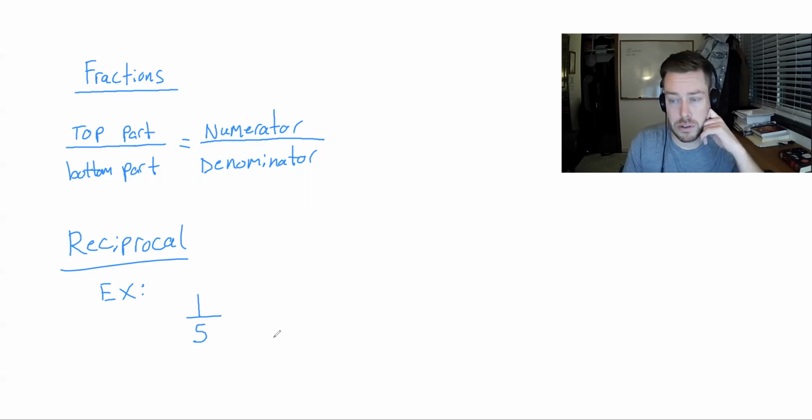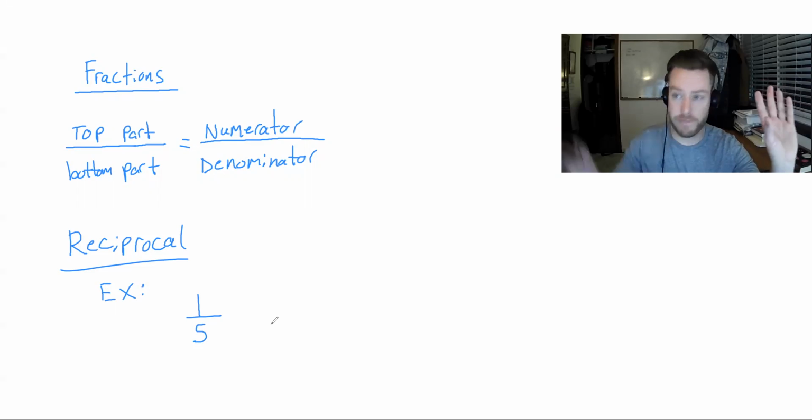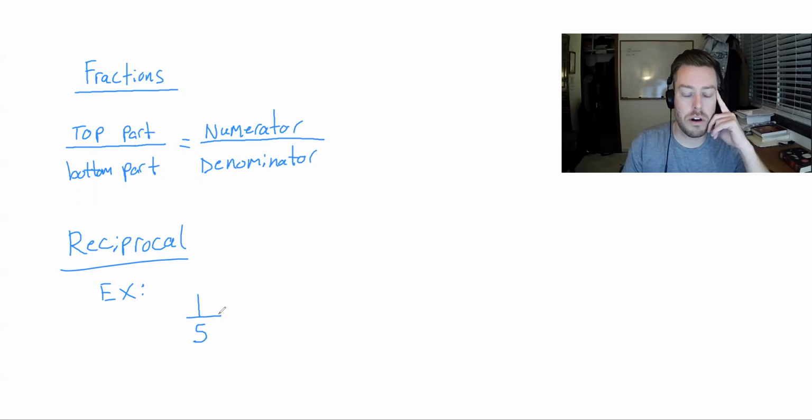Sometimes algebra problems will ask, what is the reciprocal of it? And all that means is, flip it. Whatever's on the top, bring it down to the bottom. Whatever's on the bottom, bring it to the top. So the reciprocal of 1/5 is equal to 5 over 1. And we know that any number divided by 1 is just itself, which is just 5, right?